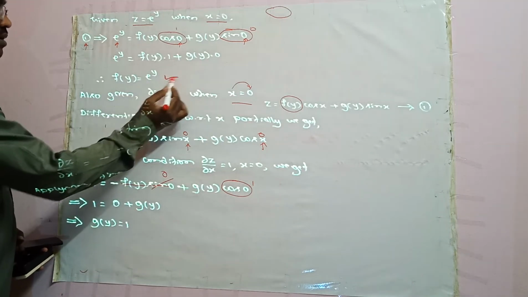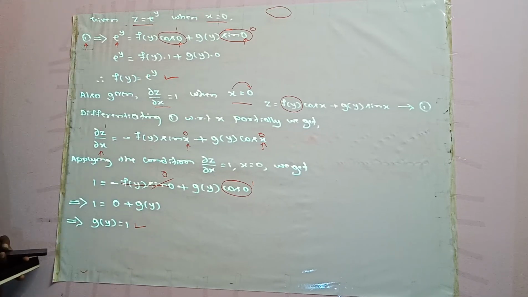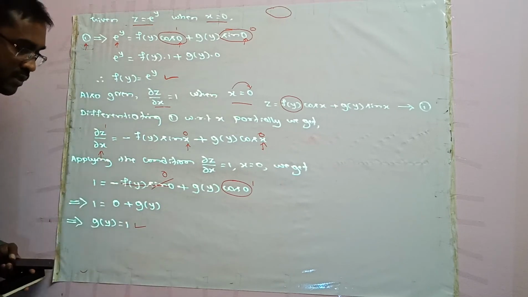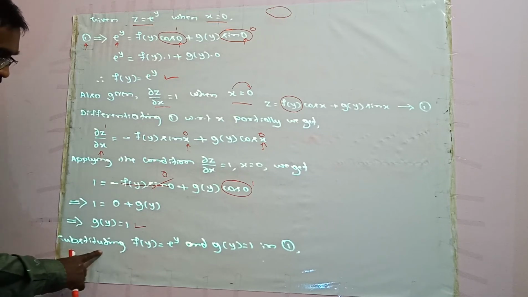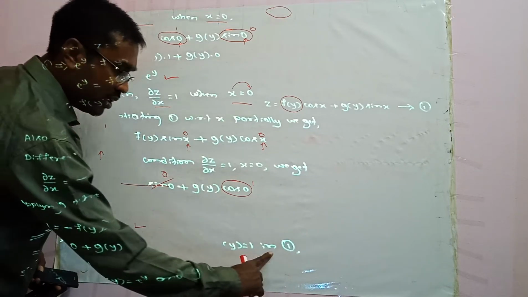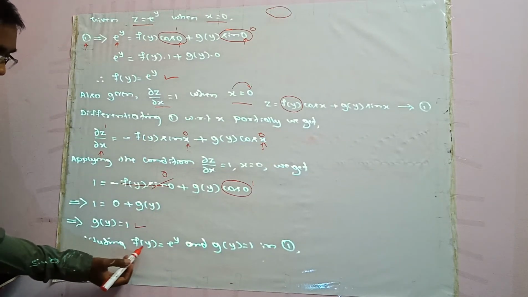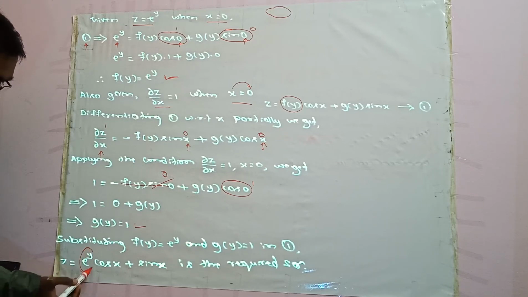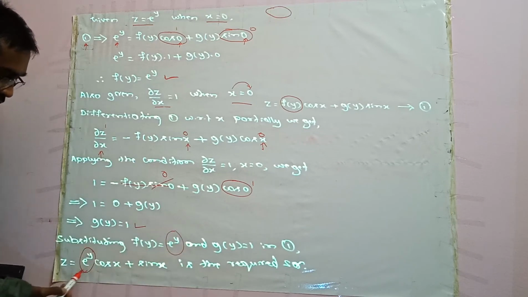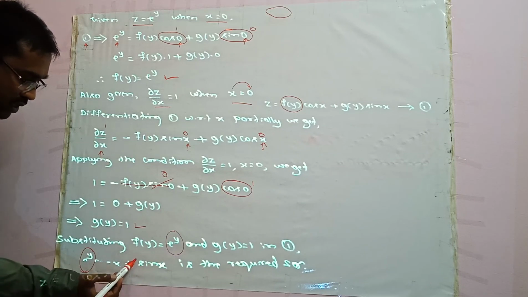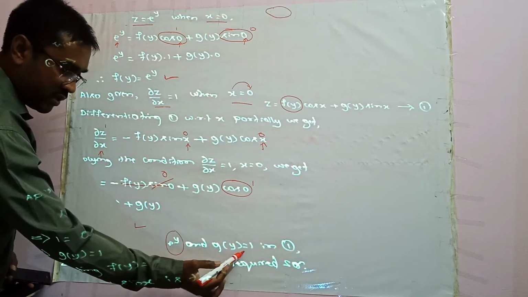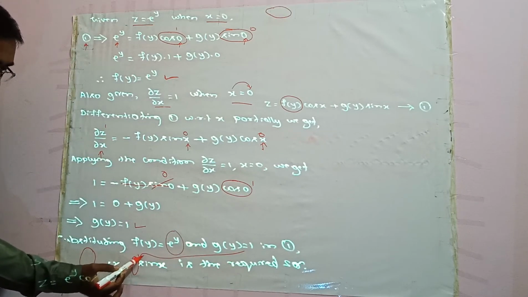We got f of y as well as g of y. That's what we were searching for. Now let us replace the f of y value and g of y value in equation 1. In the place of f of y, we have put e to the power y, and in the place of g of y, we have taken 1.